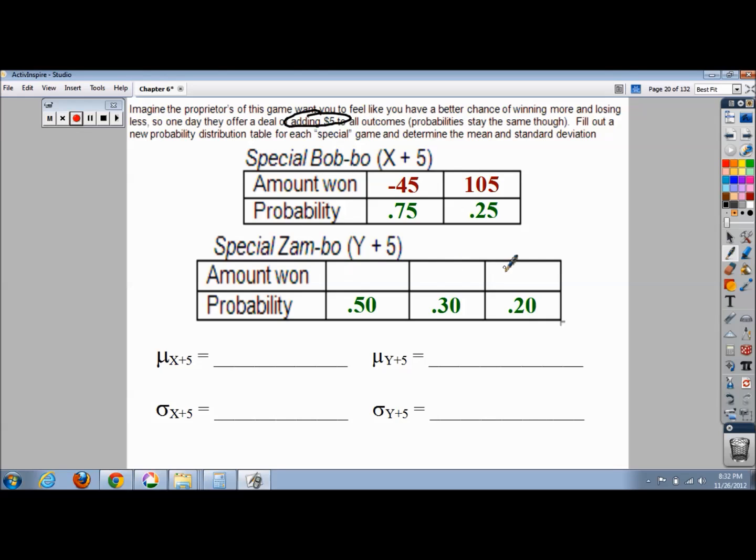And the same thing for our Zambo. We would owe $25 if we rolled an even number. Well, now we're only going to owe $20. If we rolled a 1, 5, or 9, we owe $10. Well, add 5 to that. Now we only owe them $5. And then rolling, what was it, a 3 or a 7, we would win, what was it, $50?